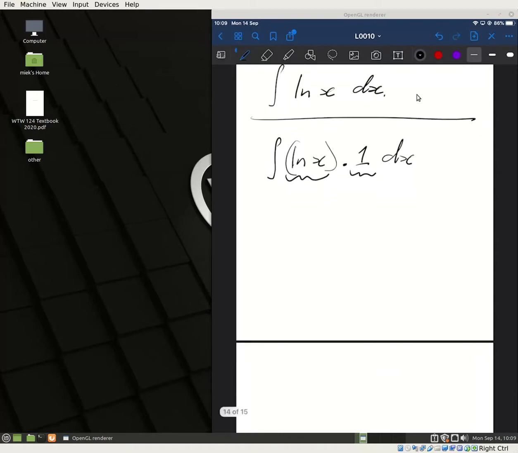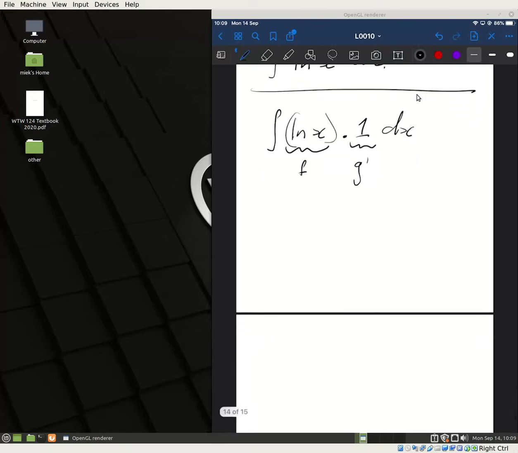And now we also see this is a derivative, so the constant 1 is the derivative of the function that sends x to x, or the identity function. And we will define our f as that. Okay, so let f of x be defined as ln x, then f prime of x is 1 over x.